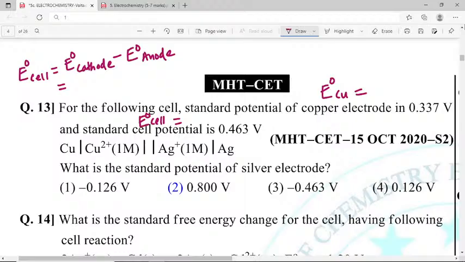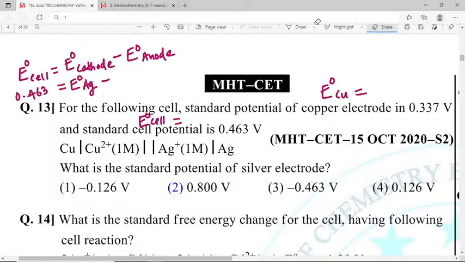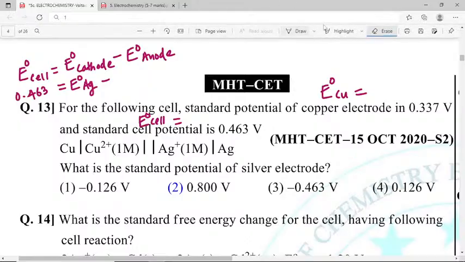The right side is the cathode. So E naught silver minus E naught copper. And what is the E cell value? E cell value is 0.463. And the copper value is also given, 0.337. So substitute the copper value here, 0.337.